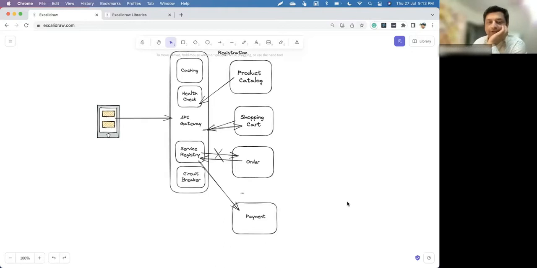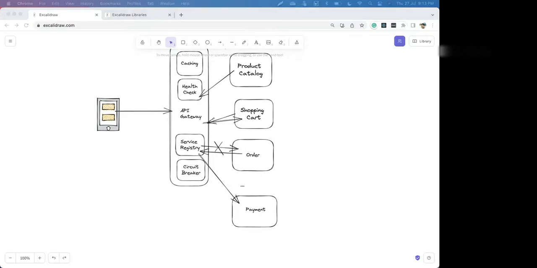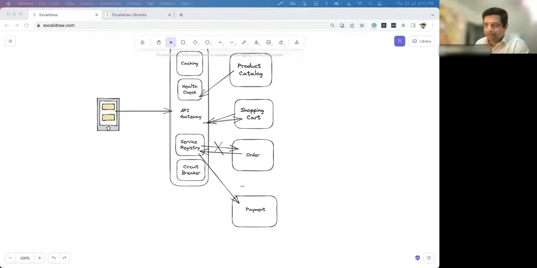It is very crucial because there are multiple products which are API gateways. Almost all the providers, all the software vendors, they have their own API gateways.